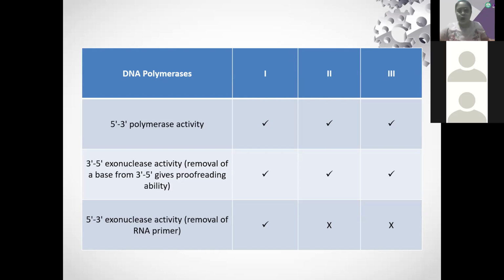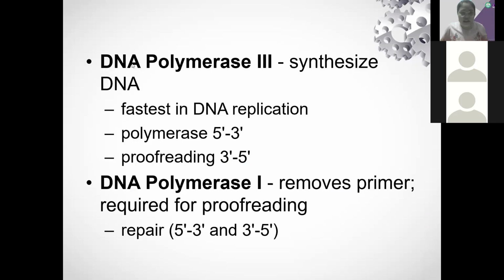So yung DNA polymerase 1 lang yung capable of doing the removal of the primer from the 5' to the 3' end of the strand. Okay? So, take note, DNA polymerase 3, ito talaga yung nagsisynthesize ng DNA. It's actually the fastest enzyme that will do the DNA replication.